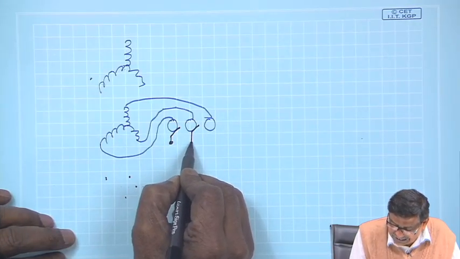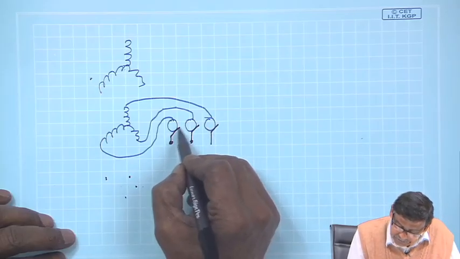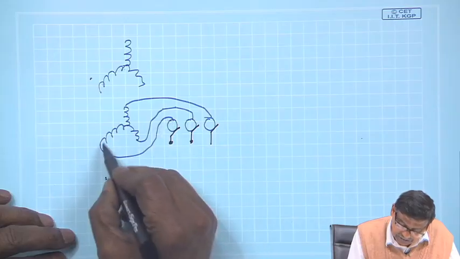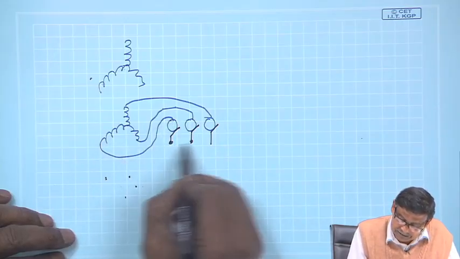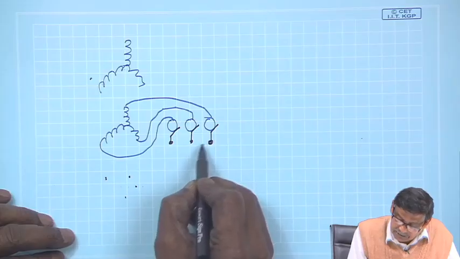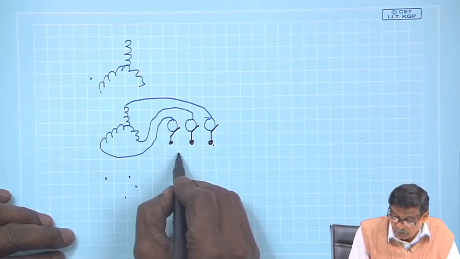These are not switches, just indicative. These slip rings will be moving along with the rotor, but always touch this point no matter where it is. So, depending upon this RYB, these terminals are the rotor terminals which are available.